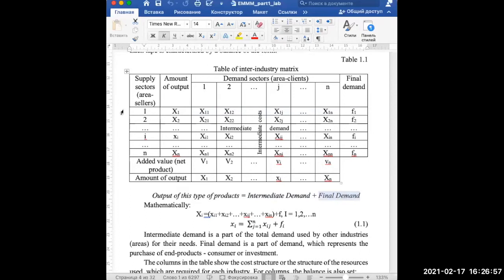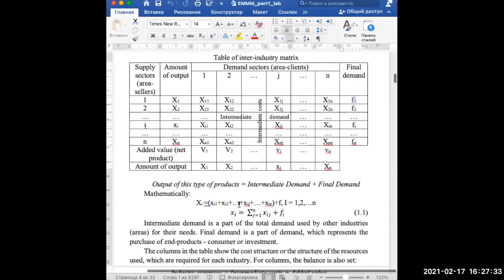That's why we can find X1, the general amount of products of the first supplier, of the first sector of the economy, or we can call it the output of this type of products, as just a sum of intermediate demand and final demand.